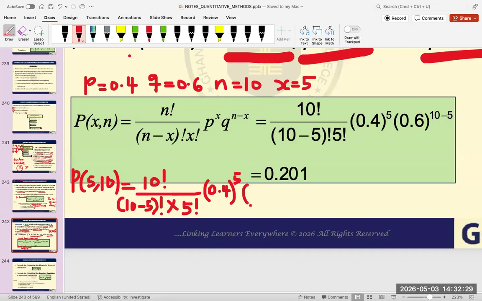Multiplied by Q, 0.6 raised to the power N minus X, 10 minus 5.